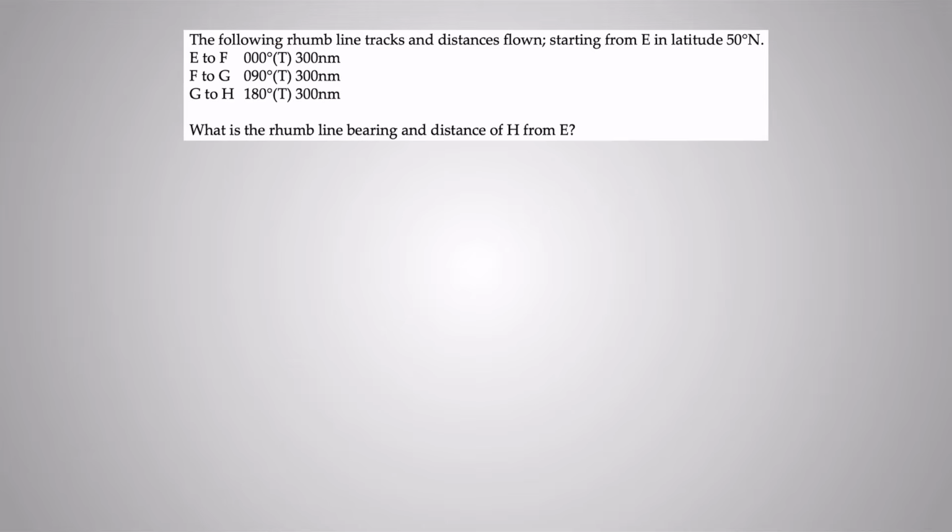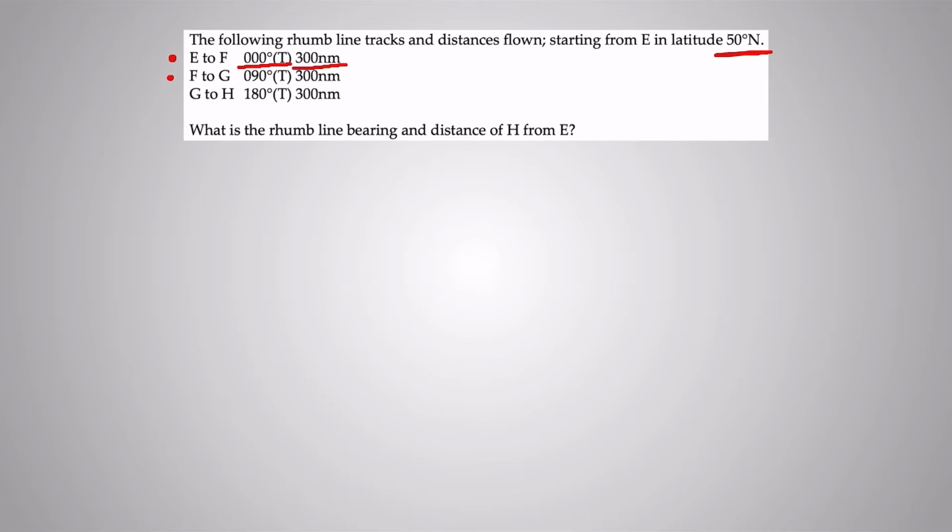It may look something like this. So in this question, if you read, it has given you 3 rumb line tracks and distances, and these are starting from point E, which is at 50 degree north latitude. The track from E to F is 000 degrees true and is 300 nautical miles long.